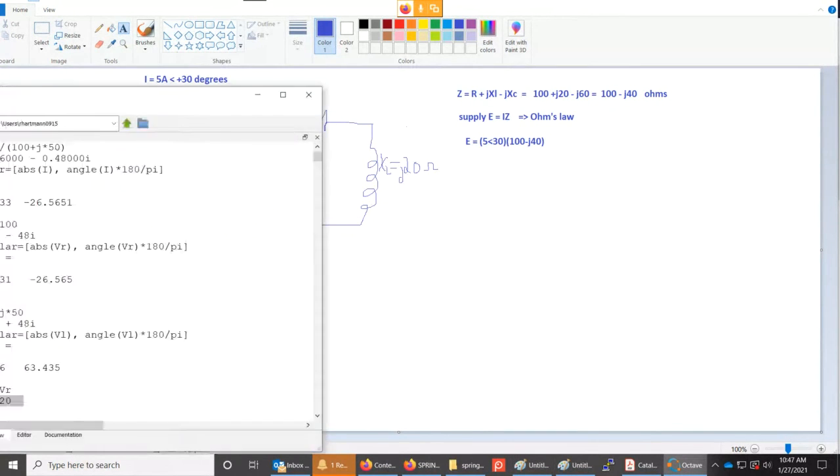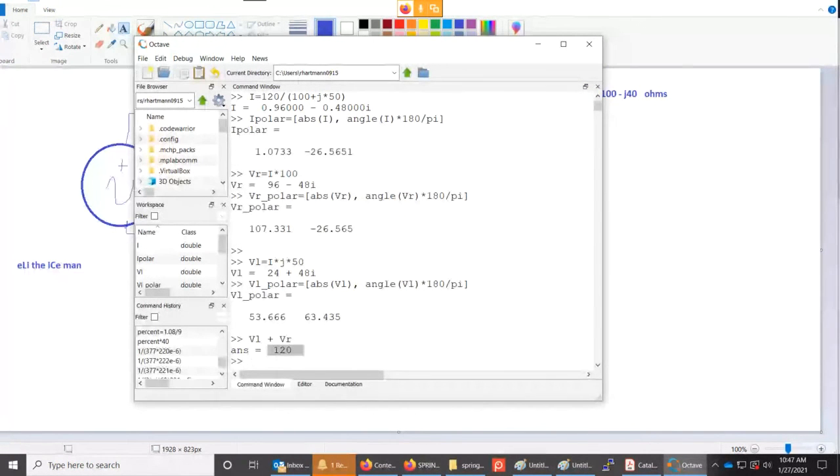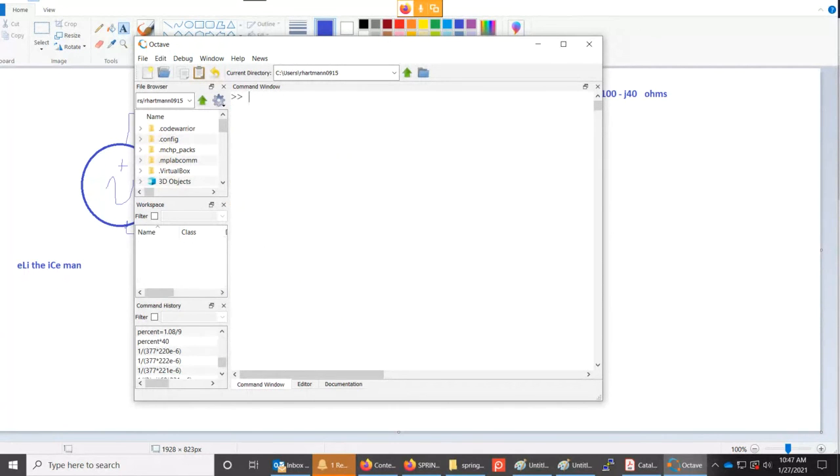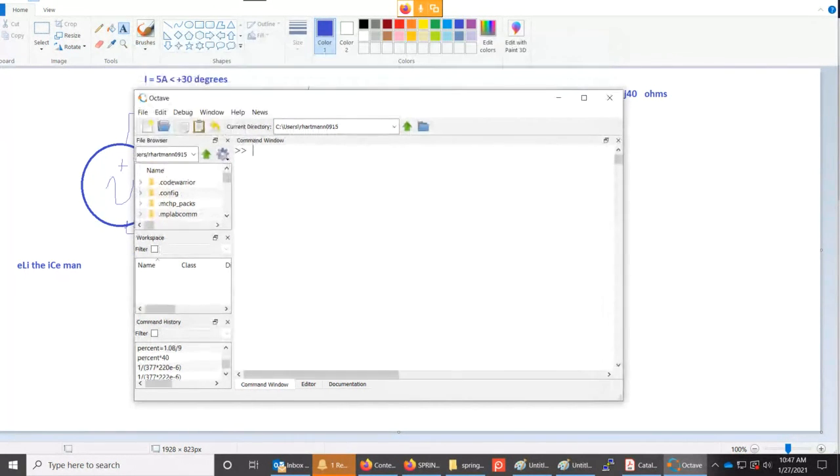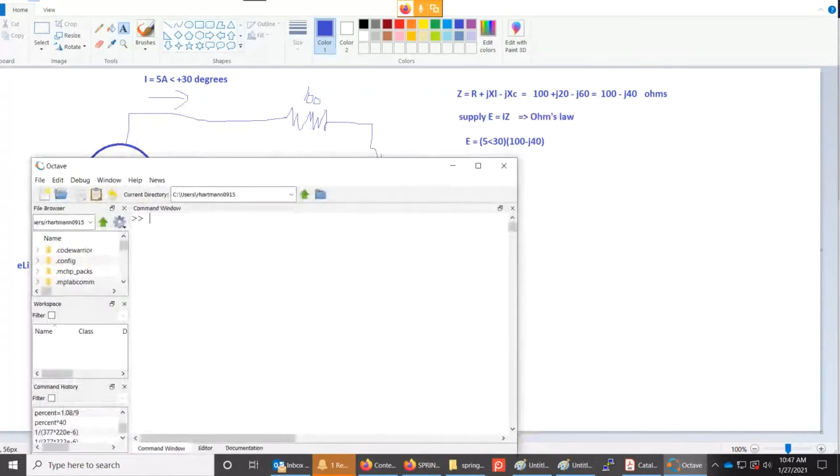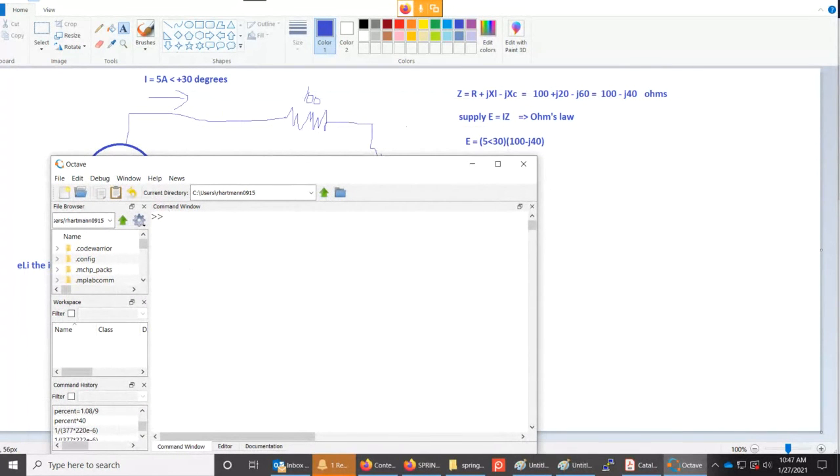So if I come back to my Octave software, I'm going to type in clc, hit my up arrow, and clear my screen and everything out so I can start again from scratch. And so I'm going to say that E is equal to, now I have to calculate the I with an angle in it. So I did this for you the other day, but I'll do it again.